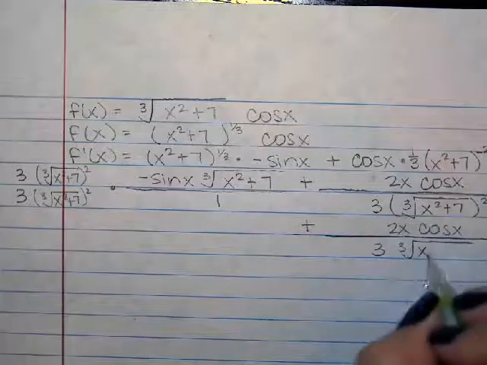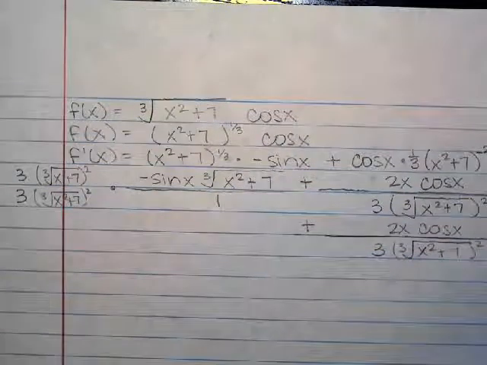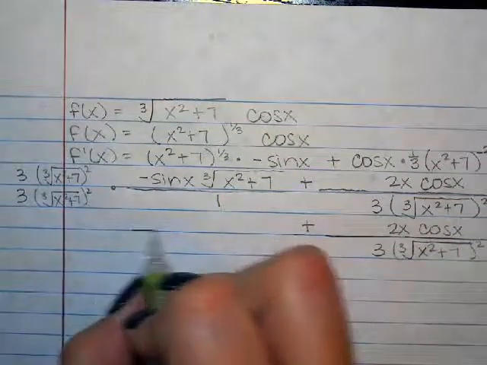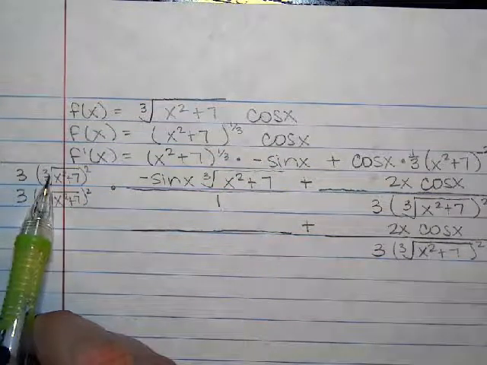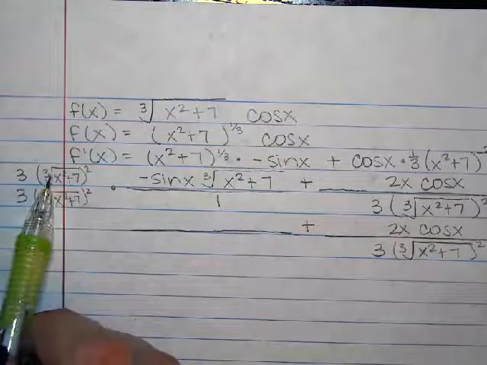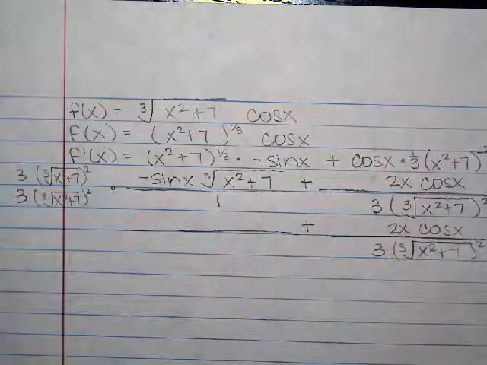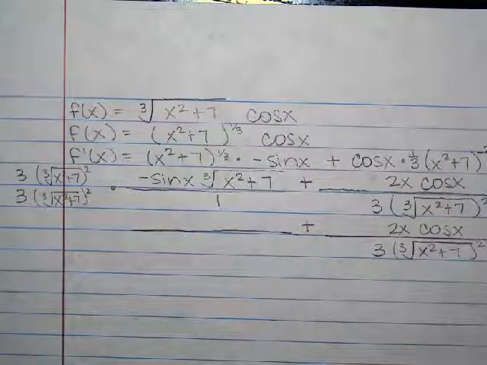All right, so over here, what happens when I do something to the 2/3 multiplied by something to the 1/3? What happens to that exponent of 2/3 and 1/3? They add. 2/3 plus 1/3 is 1. So basically what happened to these radicals?